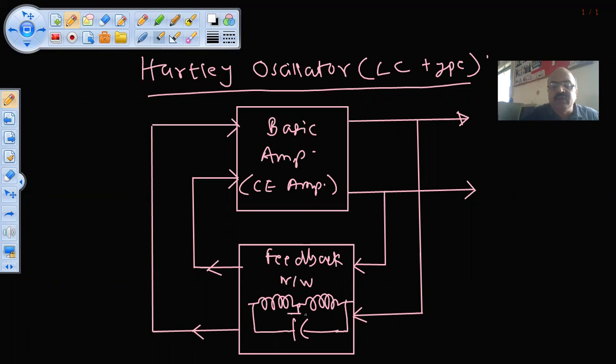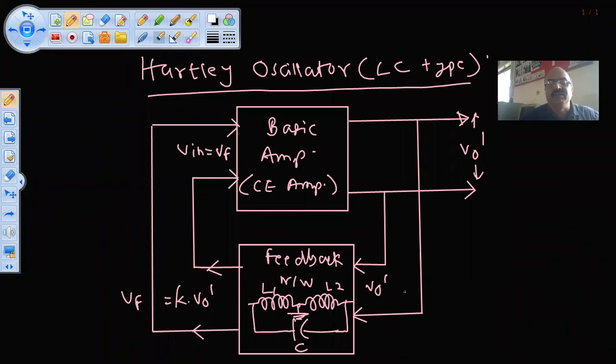And this point is grounded. So this is L1, this is L2, and this is C. Okay, so we feed the output signal, this is the output, VO dash, as input to the feedback network. And here we get K times VO dash, which is a feedback signal, VF, which is the input signal, actually, Vin is equal to VF, to the basic amplifier.